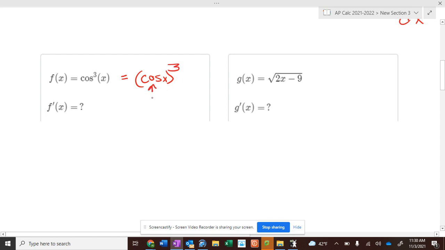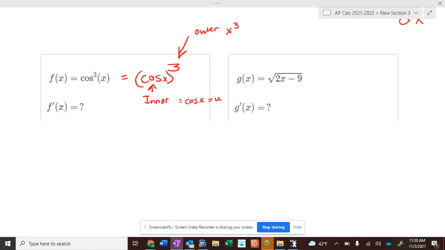Here we have the inner function, which is the cosine of x. And here we have the outer function, which is x cubed. So this is our u function. The inner function is our u function.